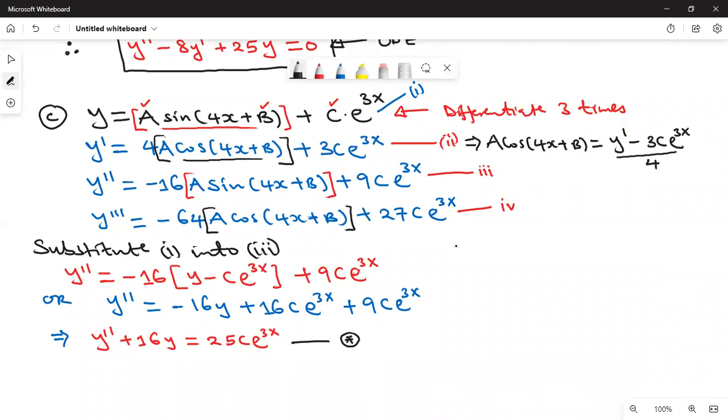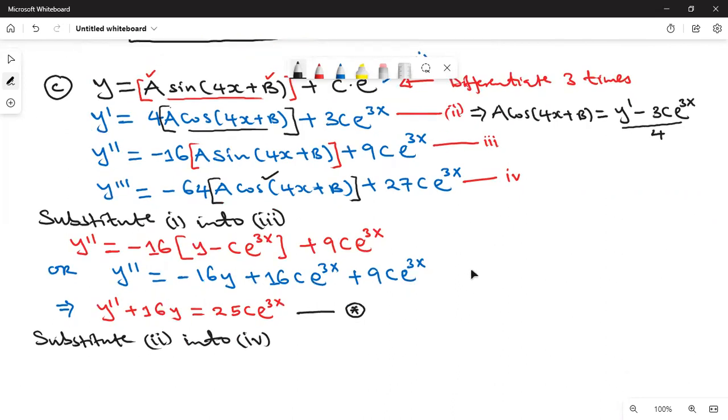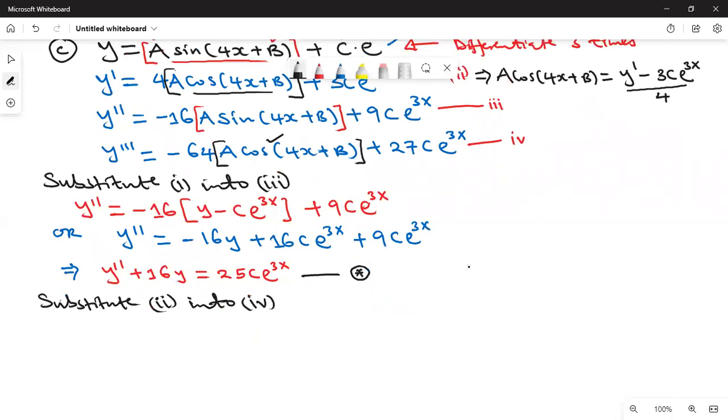So let's substitute it here in equation Roman 4. So you can write substitute equation 2 into equation Roman 4. What are we going to get? So let's write equation Roman 4. So it will be y third prime is equal to negative 64.